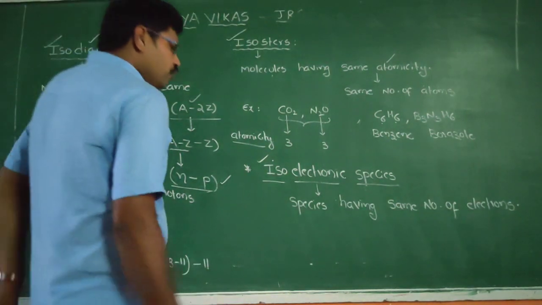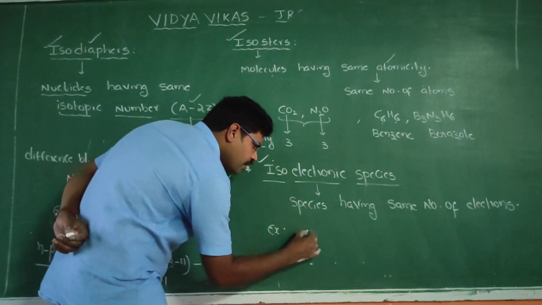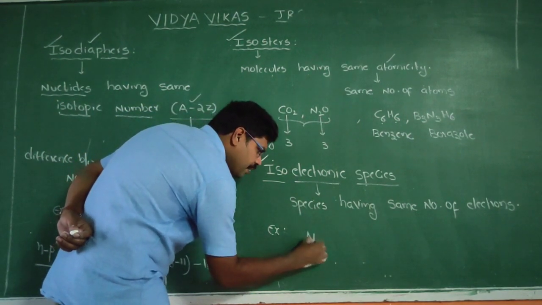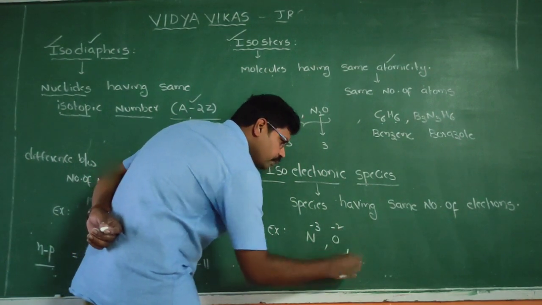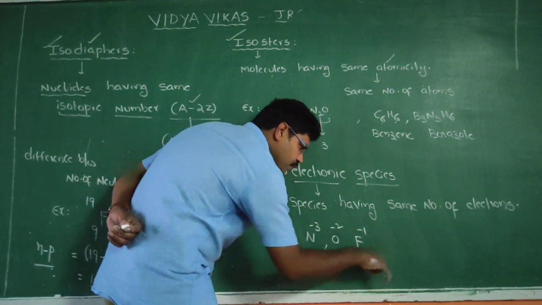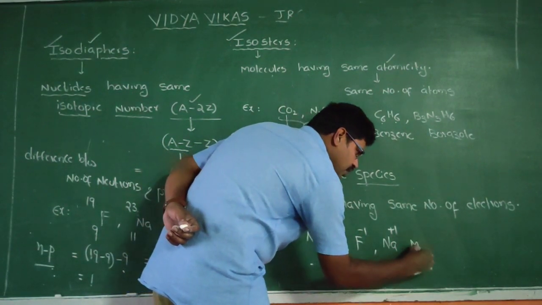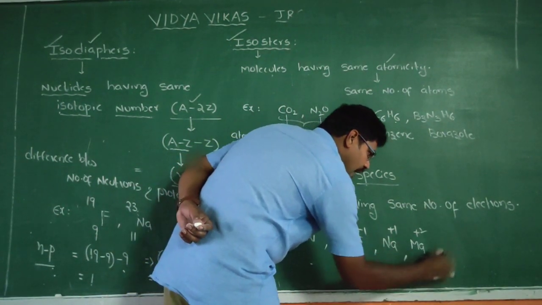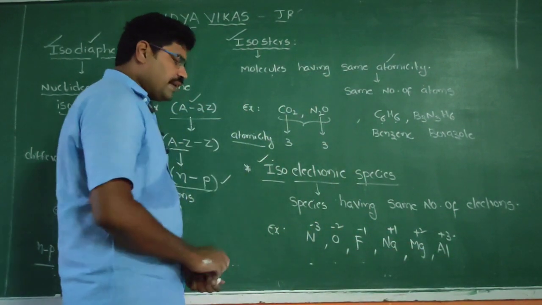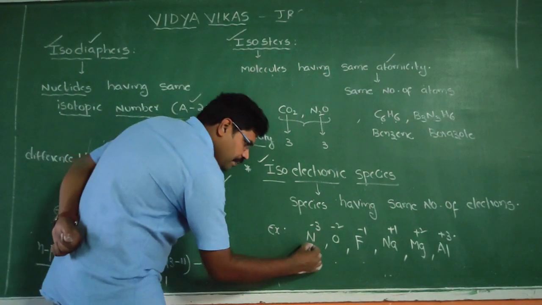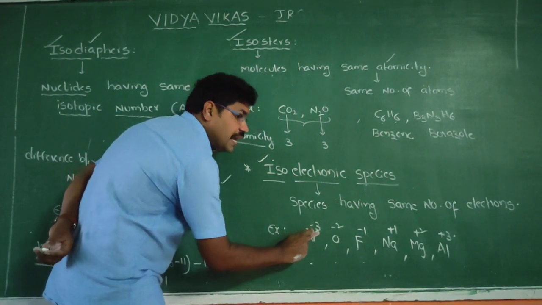Now let me come to a few examples for isoelectronic species, dear students. N-3, O-2, F-1, Na+1, Mg+2, Al+3. While calculating the number of electrons in each and every one: nitrogen actually has atomic number 7, but it gained 3 electrons.